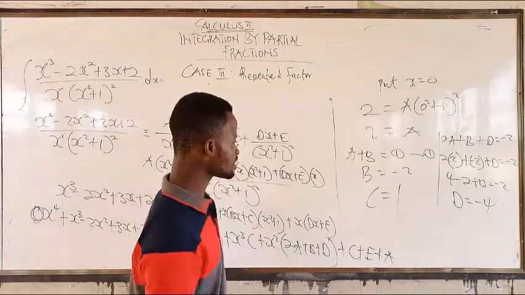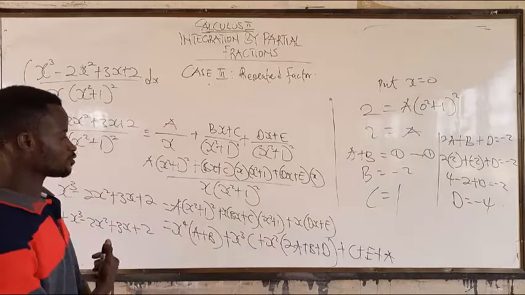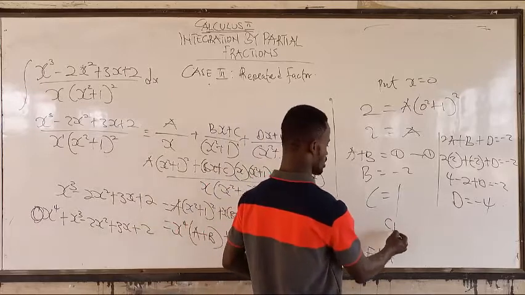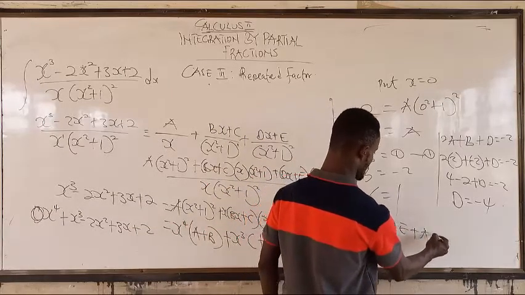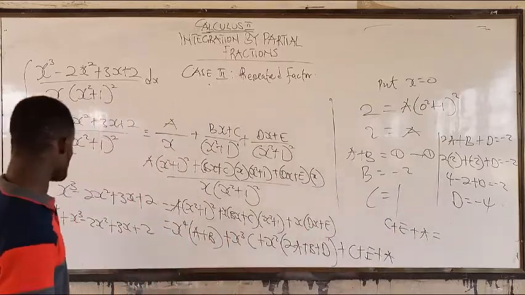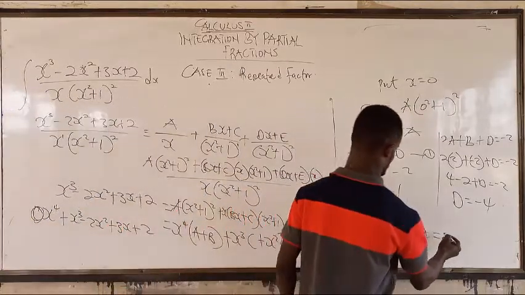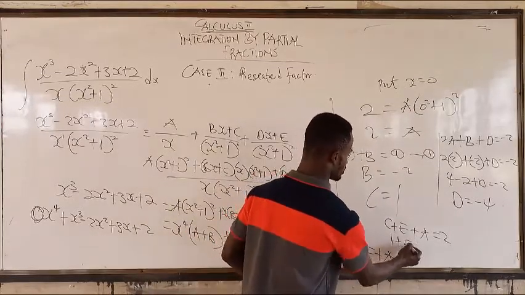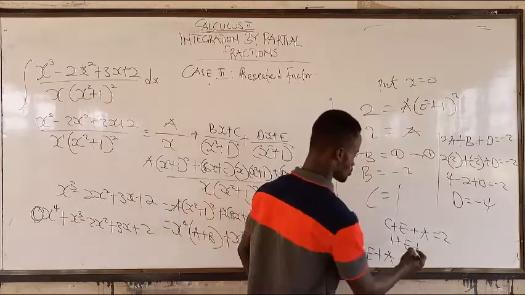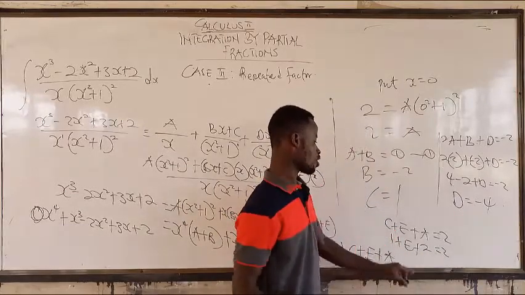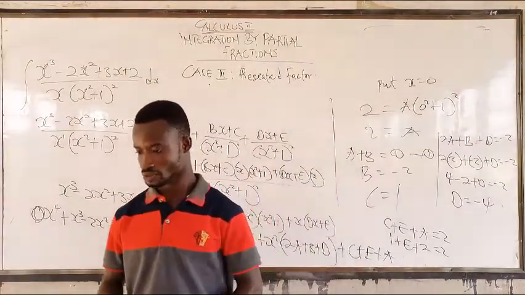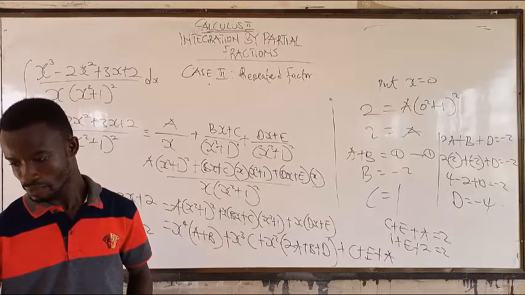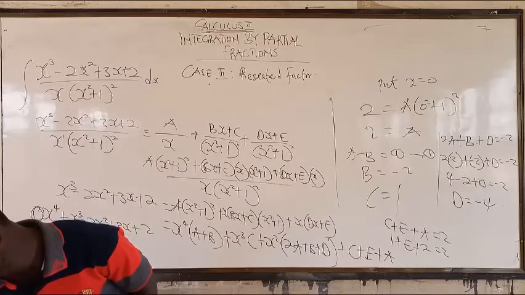Now what is left? That is E. But E is not anything difficult. We have E here, right? So C plus E plus A is equal to the coefficient here, which is 2. But we know C is 1, we don't know E, we know A is 2. I want to check something.